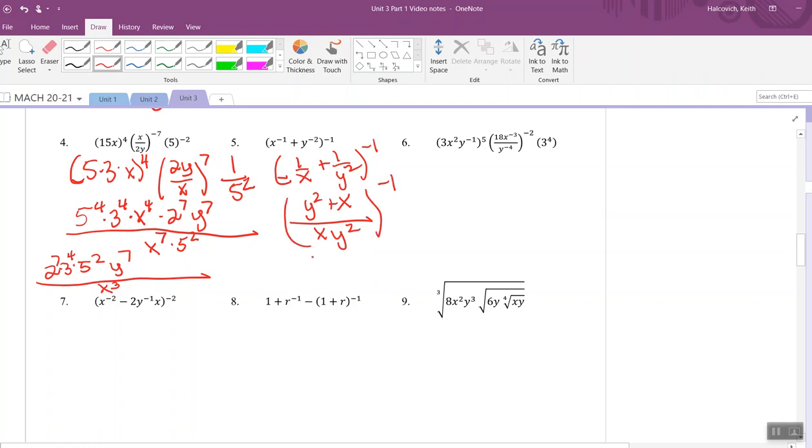So then we just take the reciprocal, and that's our final answer. So for the next one, we have 3 to the 5th, x to the 10th, y to the negative 5th.